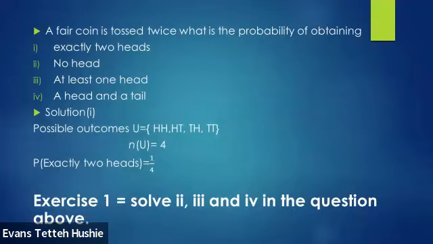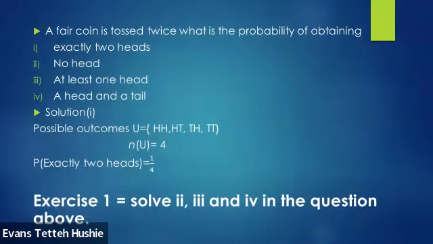You see, it's one coin, which is tossed twice. And you know that one coin at all times has 2 sides. So we are talking of one coin. That is why we have these 2. You understand? So one coin being tossed twice, you have 4 possible outcomes.